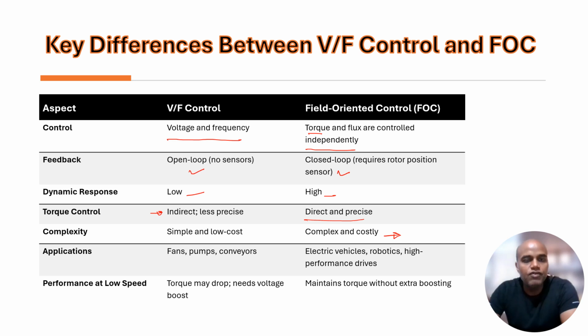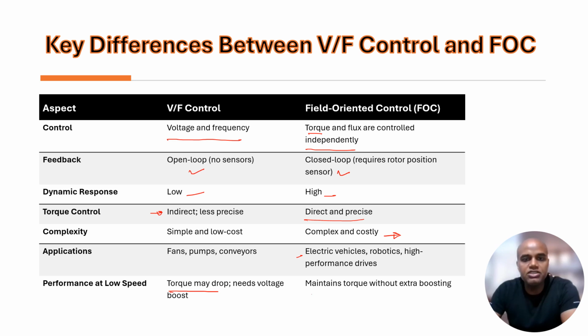V by F is used in applications that do not require precise torque control, such as fans, pumps and conveyor belts, whereas FOC is implemented in electric vehicles, robotics and high performance drives. In terms of performance at low speed, with V by F the torque may drop, which is why voltage boosting is required at low frequency and low speed.